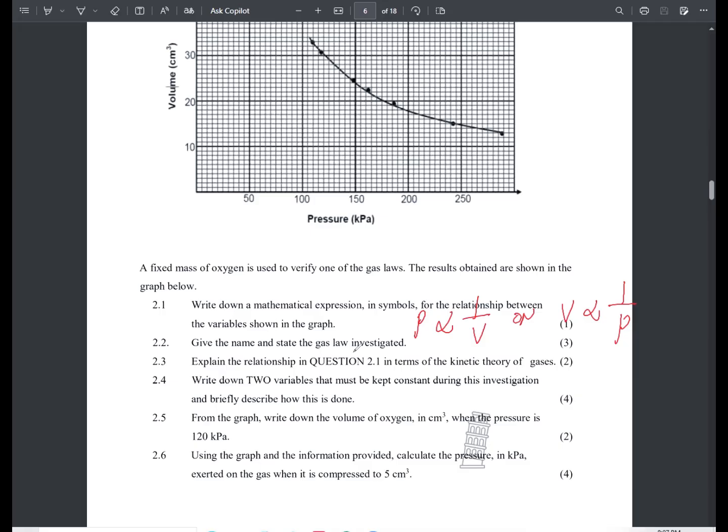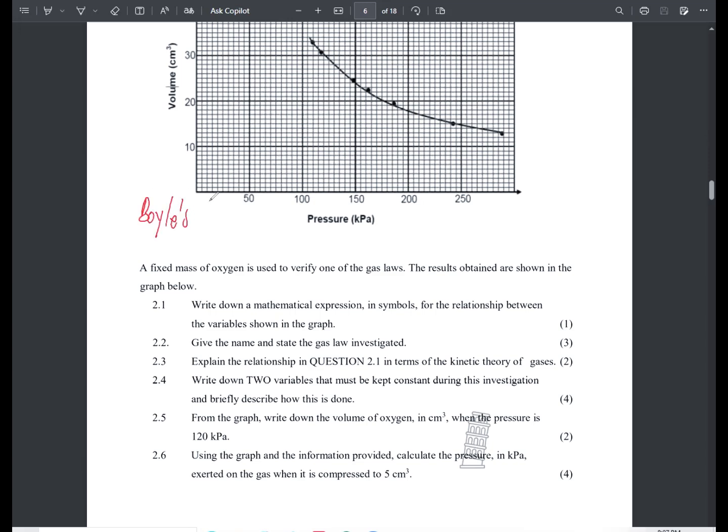Give the name and state the law investigated. So 3 marks. We must give the name of the law and then also state it. So we know that's definitely Boyle's law. Then not only should we say Boyle's law, but we should also define it.